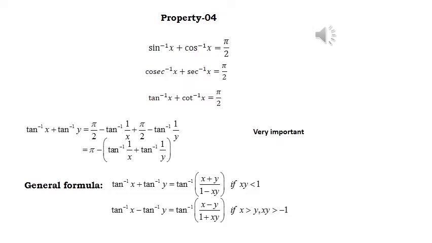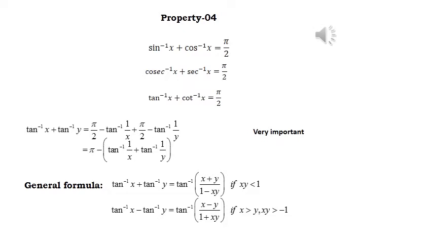As well as the second term tan inverse of y should also be written pi by 2 minus tan inverse of 1 by y. Combining together pi by 2 and pi by 2, pi minus, within the bracket, tan inverse of reciprocal of first variable x plus tan inverse of reciprocal of second variable. So when to apply this kind of conversion? When the product of the two quantities x and y exceeds 1. Whenever the product xy exceeds 1, follow this. This is very important.